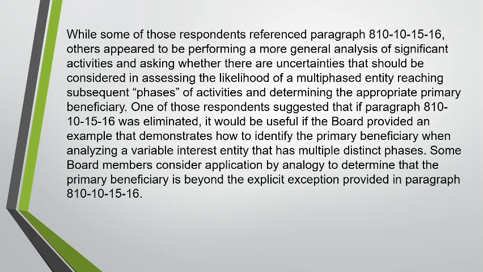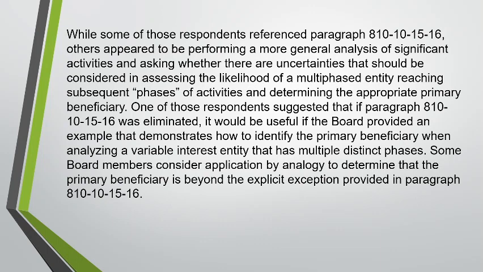While some of those respondents referenced the paragraph, others appeared to be performing a more general list of significant activities and asking whether there are uncertainties that should be considered in assessing the likelihood of the multi-phase entity reaching subsequent phases of activities and determining the appropriate primary beneficiary.